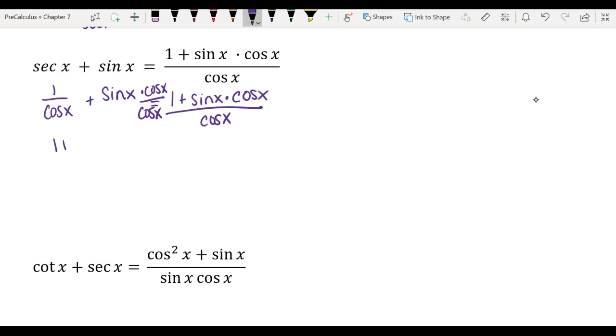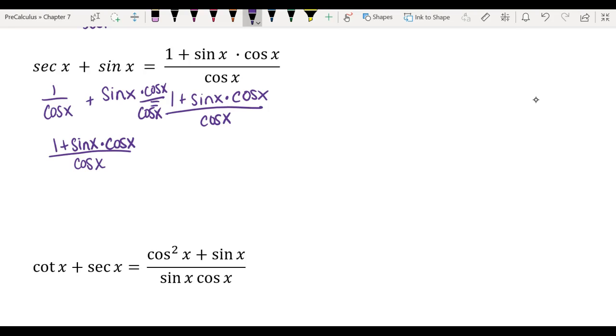So then you get 1 plus sine x times cosine x all over cosine x, because when things have the same denominator and you add them, the bottom stays the same. If you have 3/7 plus 2/7, that's 5/7.